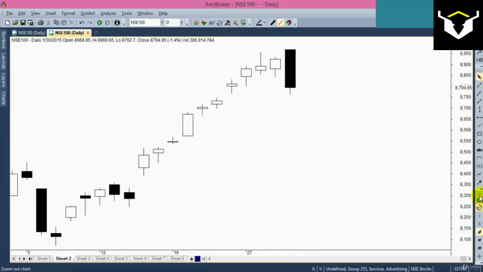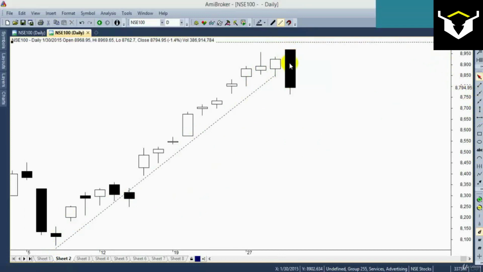Taking a look at previous data, you will understand prices have trended quite well from 8,100 to 8,950, or almost to the levels of 9,000. On the last bar prices capped up and traded lower.